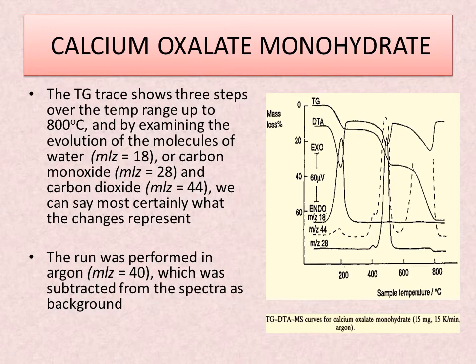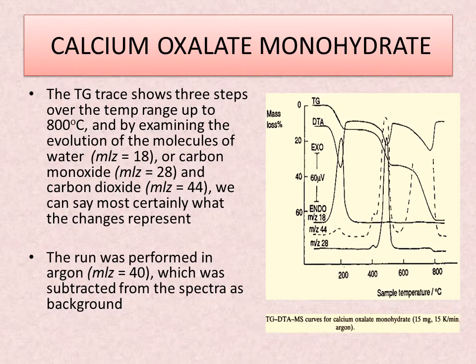So let's understand it with an example. Here is an example of calcium oxalate monohydrate, and on the right there are the TG, DTG, DTA and MS curves for calcium oxalate monohydrate.